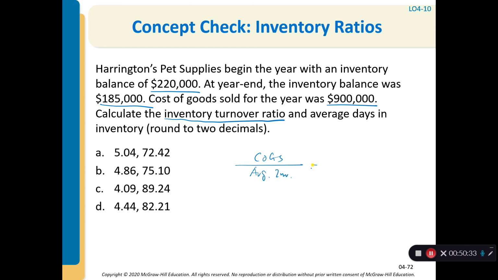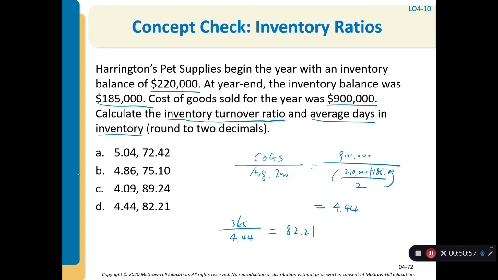So that would be 900,000 divided by the average of 220,000 and 185,000, and that will give us 4.44. Then average days in inventory will be 365 divided by 4.44, and that will be 82.21. So therefore we choose D.